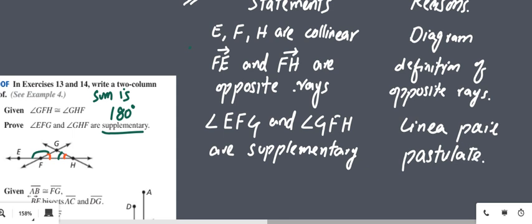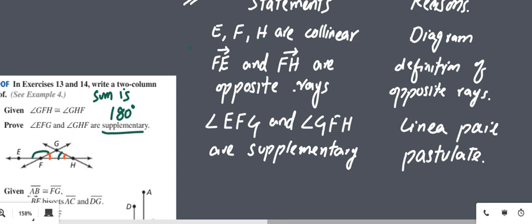Okay, so why are they supplementary? First of all, I proved that FE and FH both are opposite rays, and the ray FG is the angle EFG and angle GFH. They have a common sharing point and they lie on the opposite rays, or they lie on the same line. So that's why they are supplementary angles.